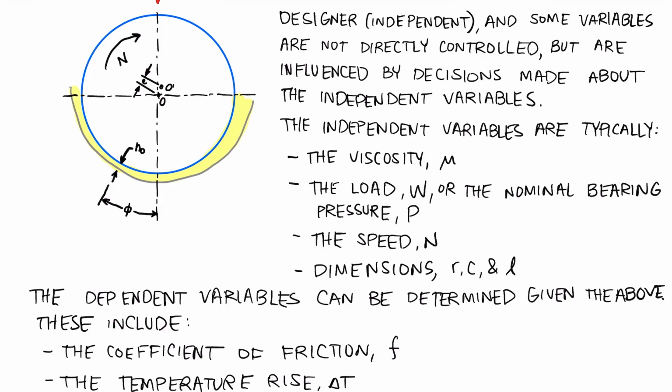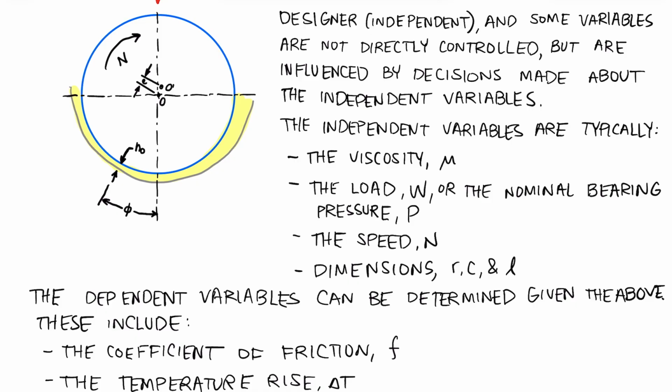We also will have some control typically over the load, which in turn has an effect on the bearing pressure. We won't usually have total control over the load, but we can make some modifications through structural changes.